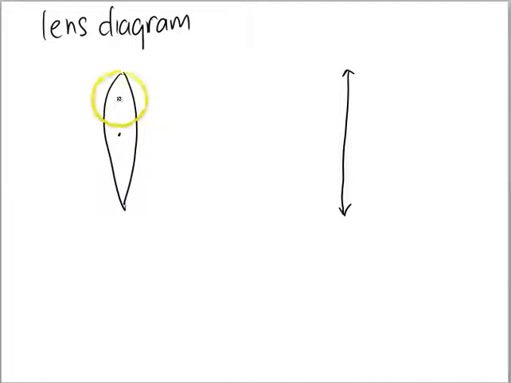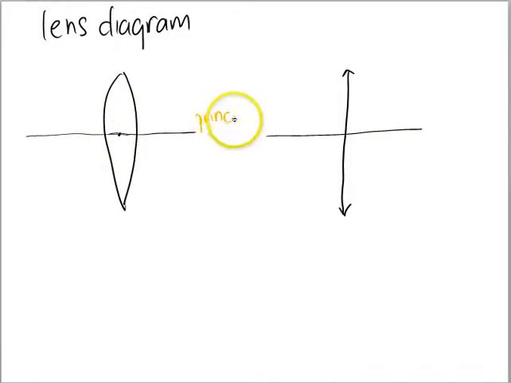Now, in the middle of the lens, when we draw a straight line through it, this straight line here is what we call your principal axis. It is at the center of a lens. It's perpendicular to the lens and is at the center.